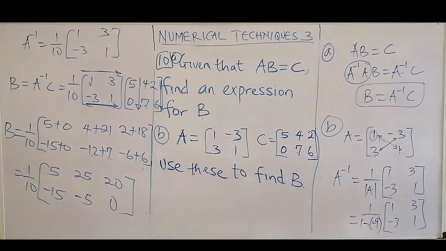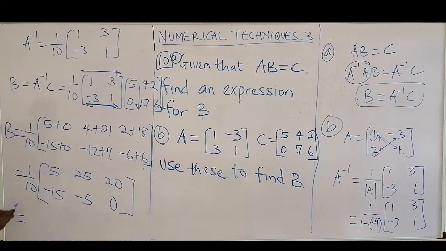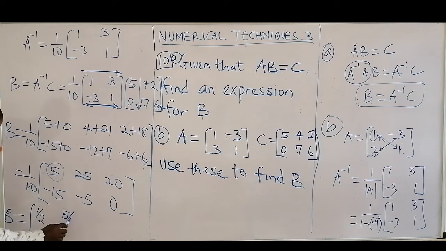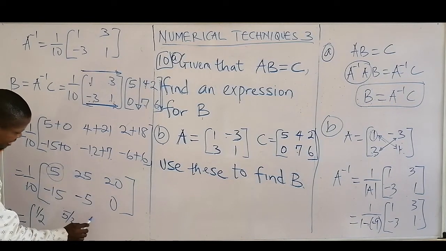That's 0. So on the final note, you can divide now. This 1 over 10 means we are dividing each item. You can leave it this way, but if you want to go on, you divide each element by 10. So 5 over 10, that's 1 over 2. 25 over 10, that's 5 over 2. 20 over 10, that's 2.